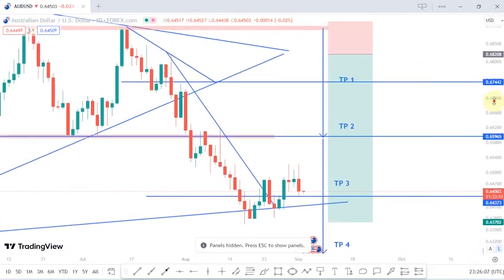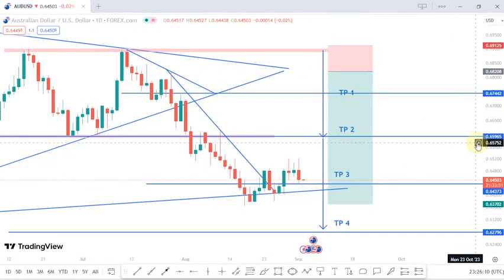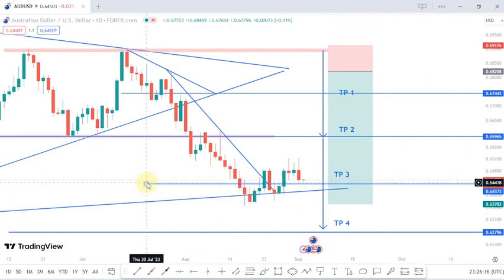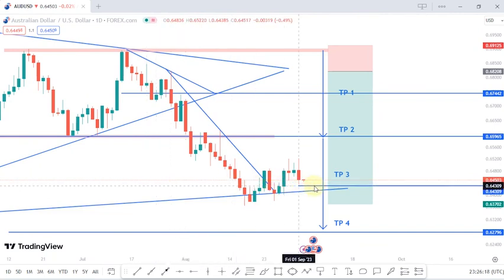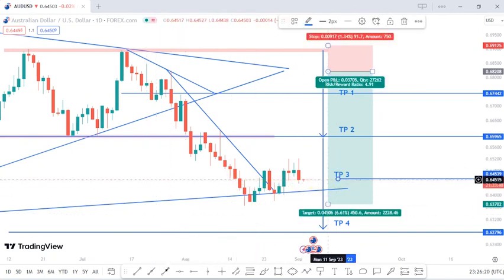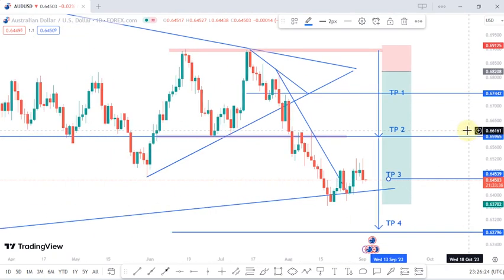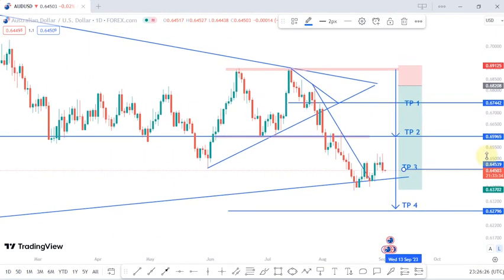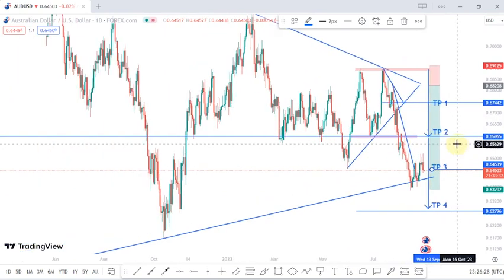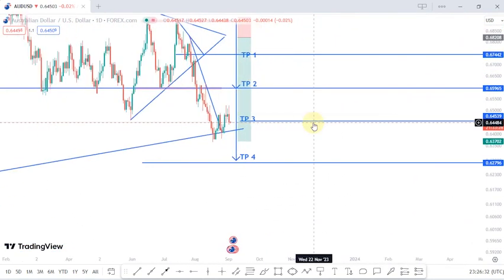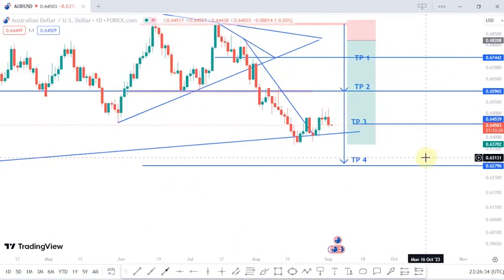Well, you can remember from our last video, we said that AUD-USD hit an upward trend line, so price is still on that trend line.